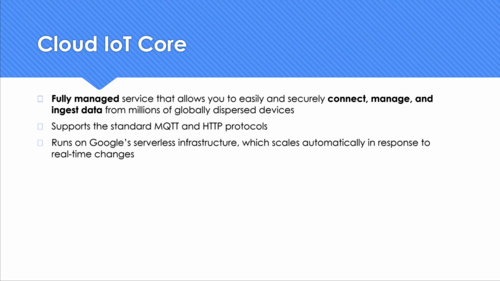What are the protocols supported? Currently, it only supports two protocols, MQTT and HTTP. A very limited number of protocols, but if you look at AWS IoT Core, they support many more. Now this protocol limitation was a problem in one of the projects which I did, because of which the project was extended by almost 3 months, folks. 3 months.